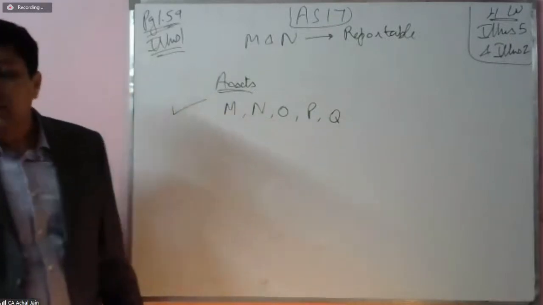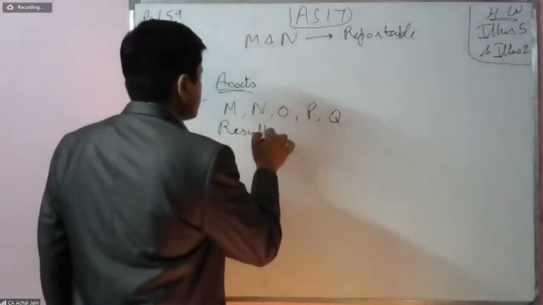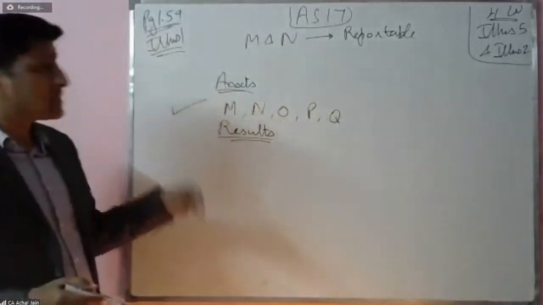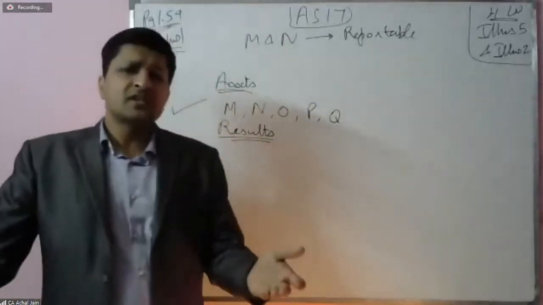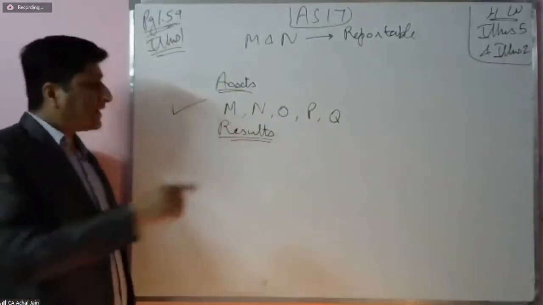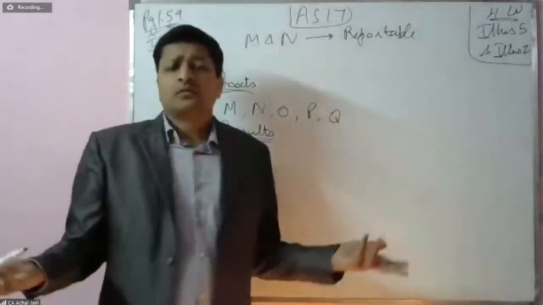We have got one more criteria, that of results. In fact, we have got two more criteria, results and revenue. We will get on to results criteria first. Do we need to check this criteria for M, N, O, P, Q? No. Why?